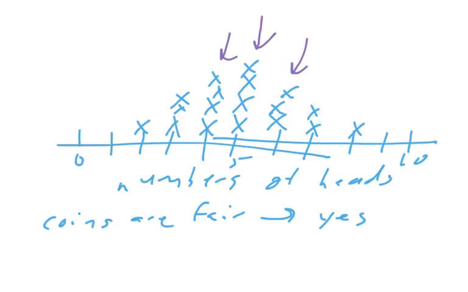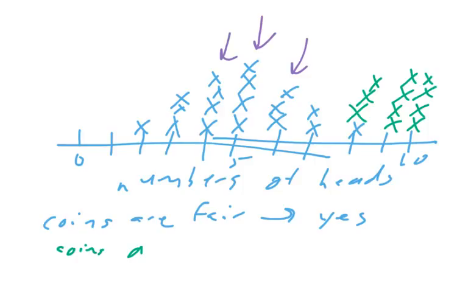However, in my next class, for whatever reason, class number 2 over here is in green. Would you consider the class I gave the coins that are fair to the class in green? You would say no, because you would expect those numbers to be lower than what they are.